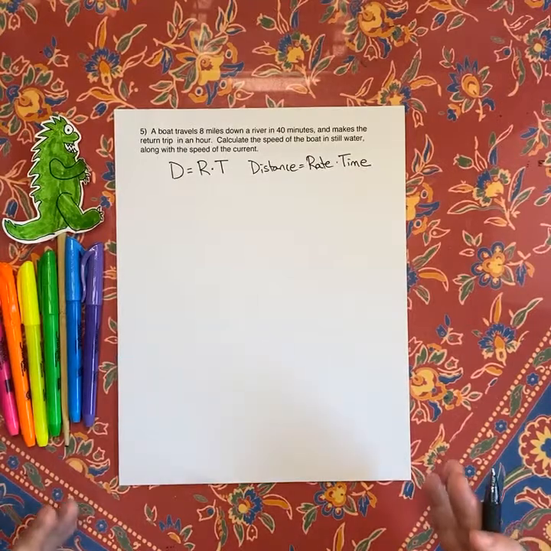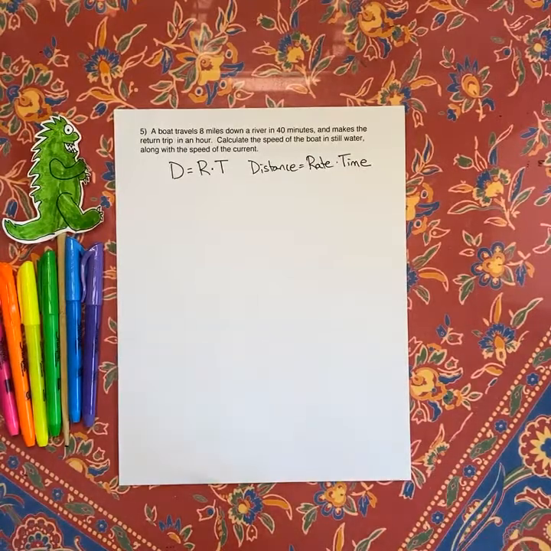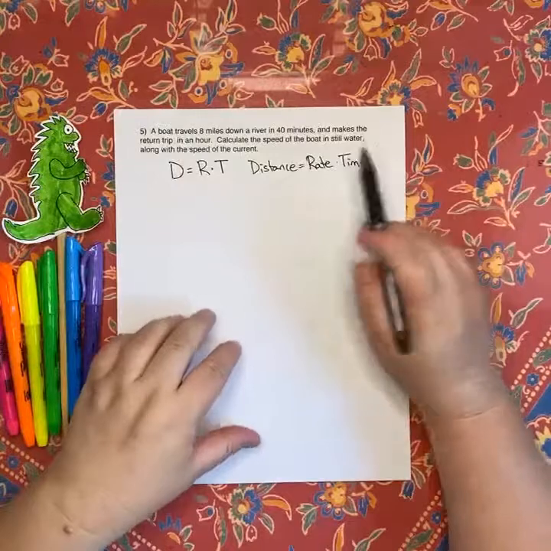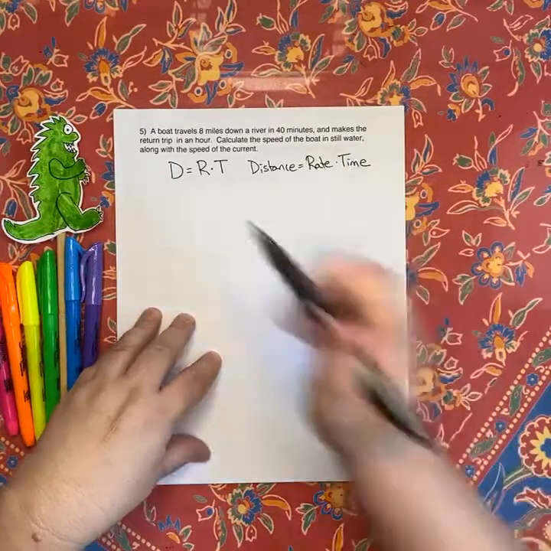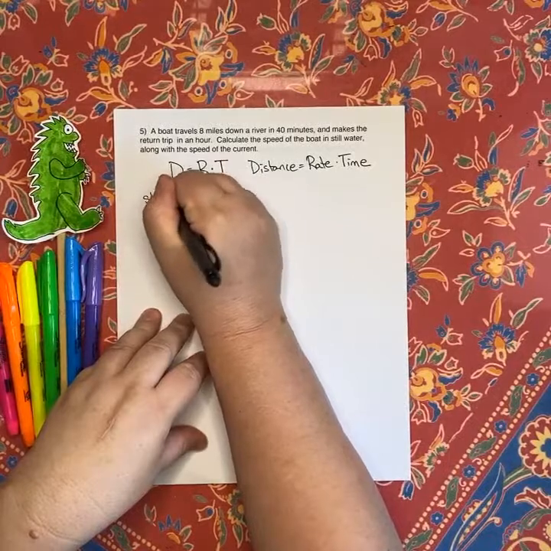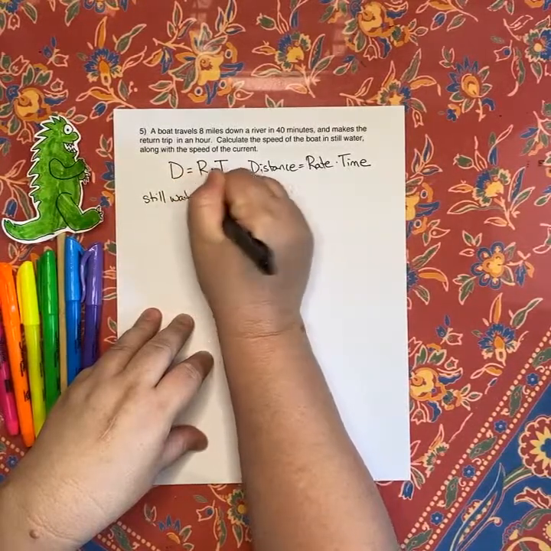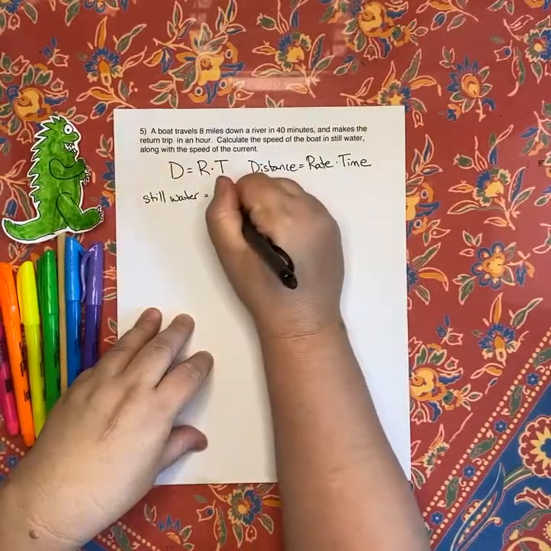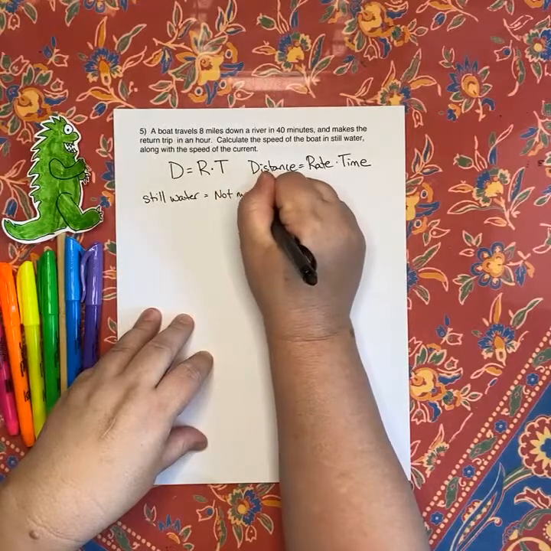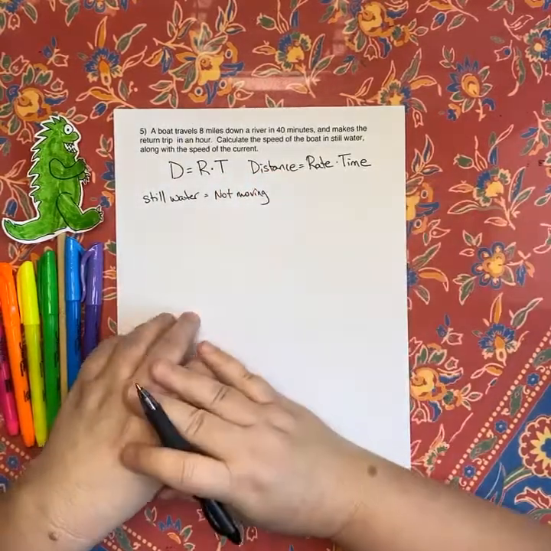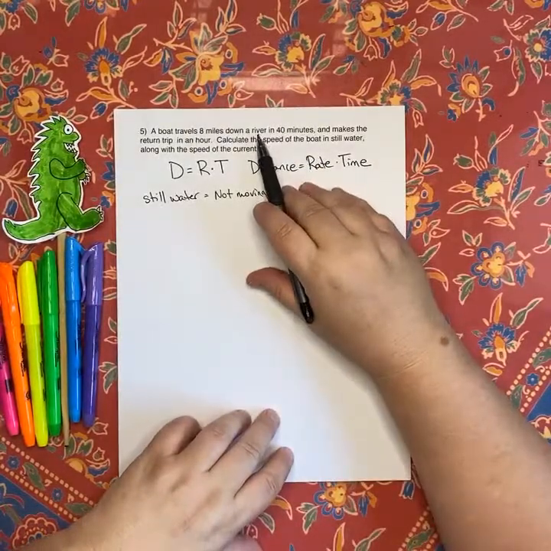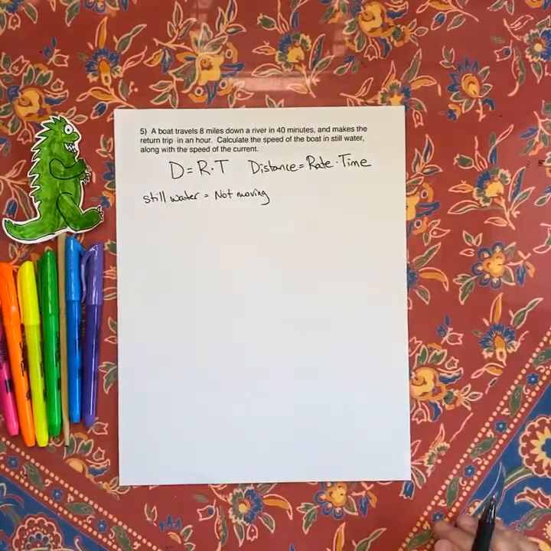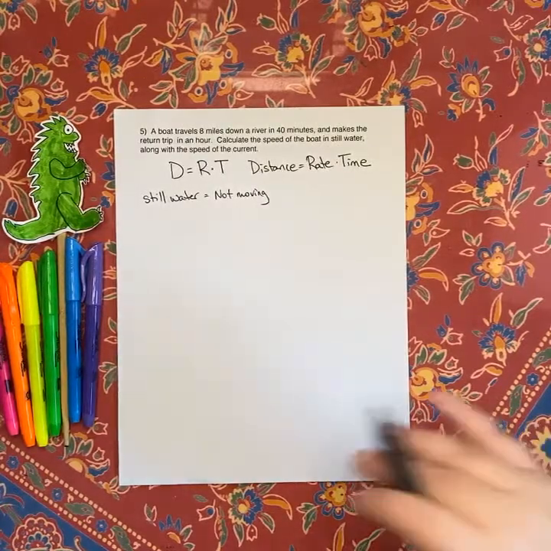So I've got that, but then I've got some weird words like still water. Still water means not moving. Rivers generally are moving, downhill, right?